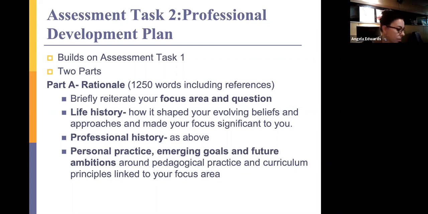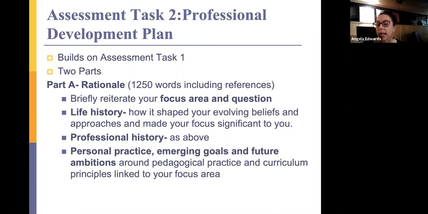So going back to part A, the rationale, 1,250 words, and this one is including references. So you will need to be very succinct. It suggests in the task overview that you use 3 subheadings.